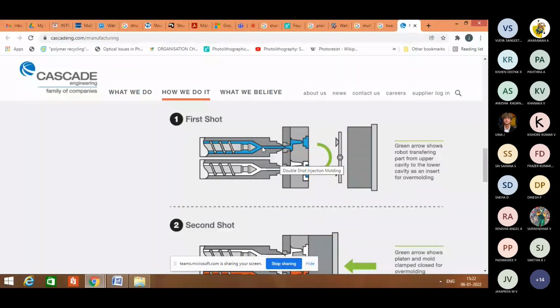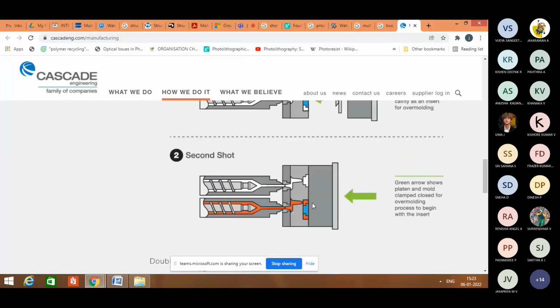First, the material is filled in the cavity from the first injection unit. The green arrow shows the robot transferring the part from the upper cavity to the lower cavity as an insert for over molding.